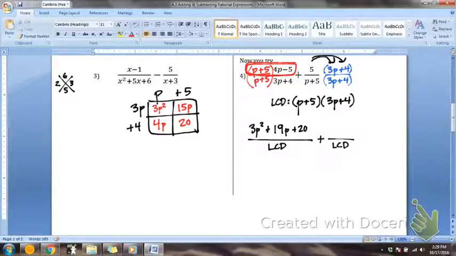Then we're going to have to distribute the 5 to make 15p. Oh, I messed up. Oh, just a second. Keep working. I multiplied the wrong thing.